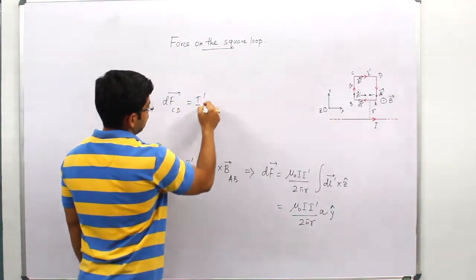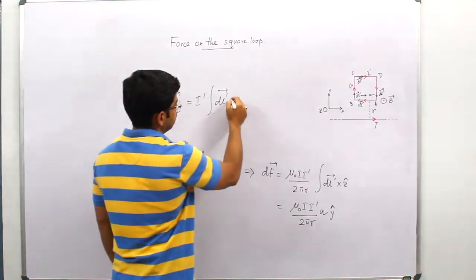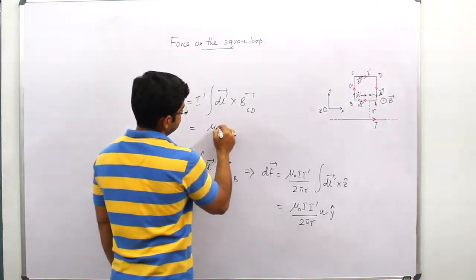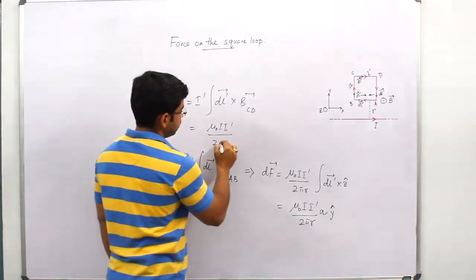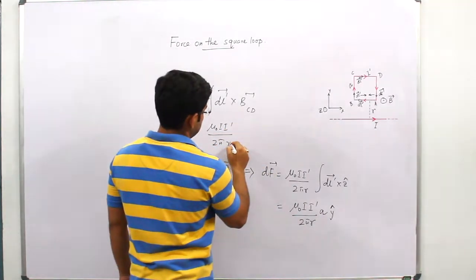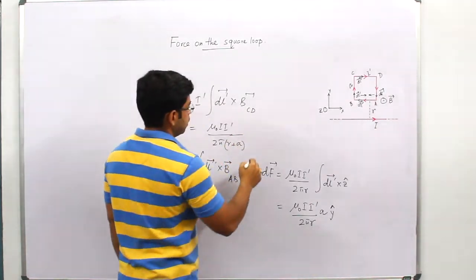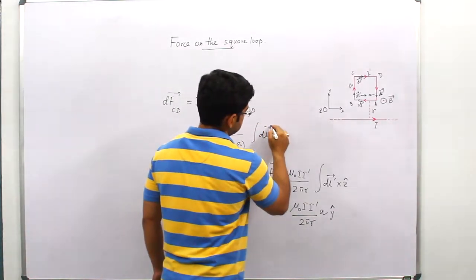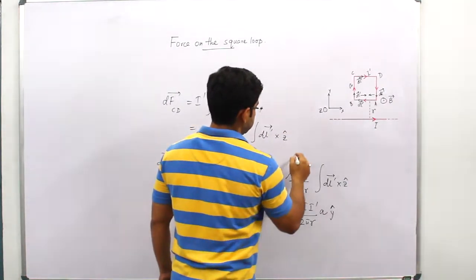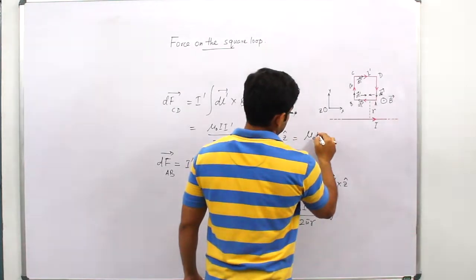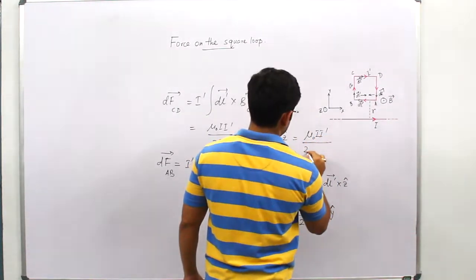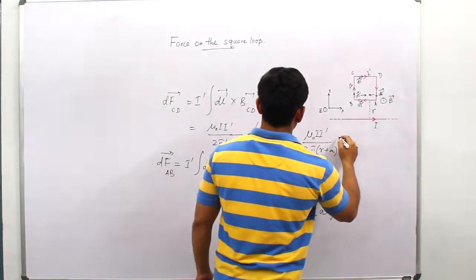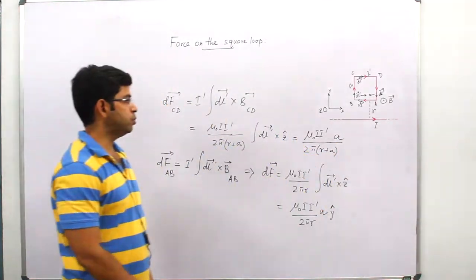Here we will have I prime integral of dl prime cross B CD, that will be equal to μ0 I I prime by 2π(r plus a), and integral of dl prime cross z unit vector, and the integral of dl prime is simply a.